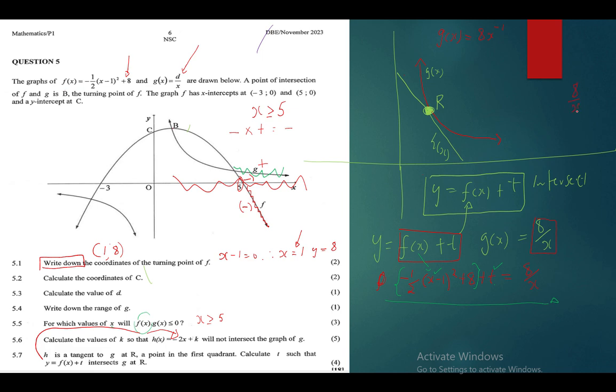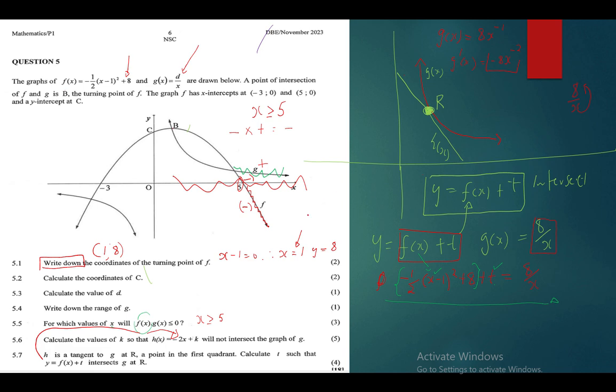So this is 8x to the exponent negative 1, and the derivative of g is minus 8x to the exponent negative 2, which represents the gradient at any point.